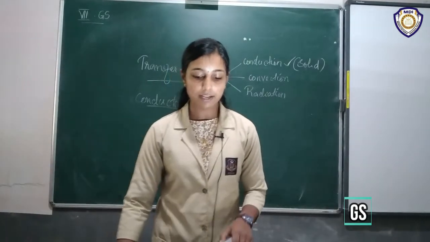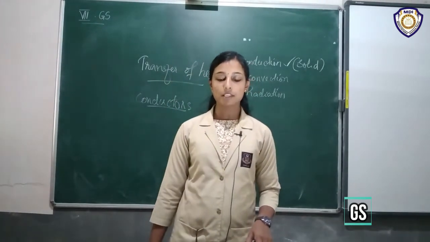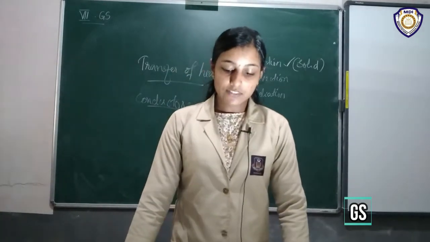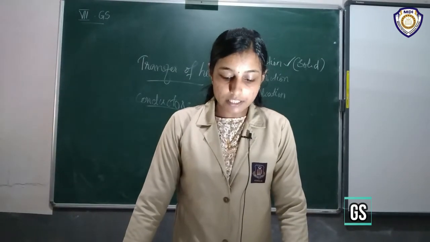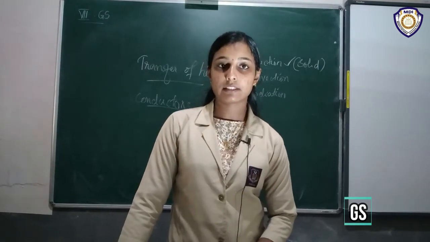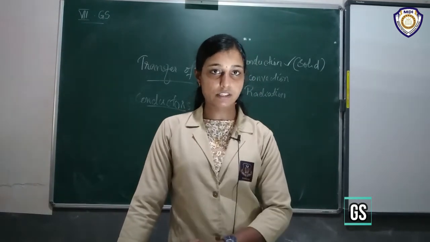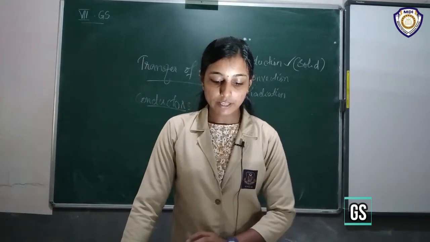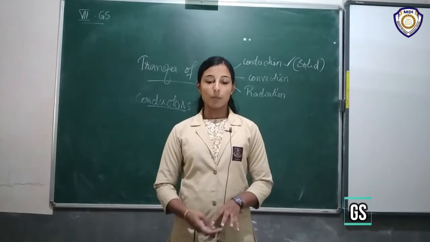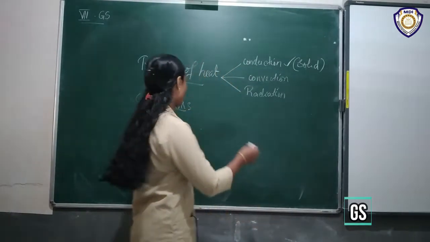You should underline that the materials which allow heat to pass through them easily are conductors of heat. That means they are known as conductors. For example, metals like aluminium, iron and copper are examples of conductors.